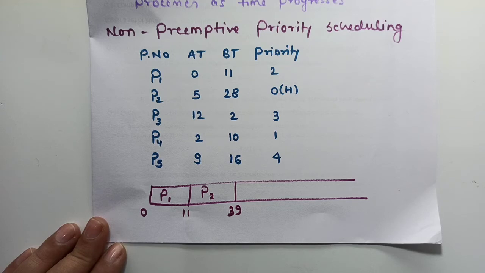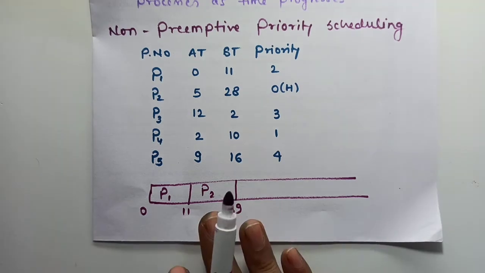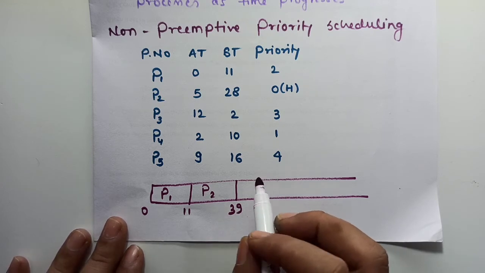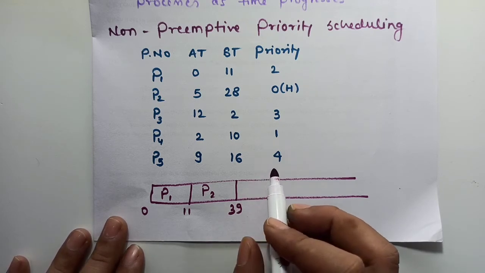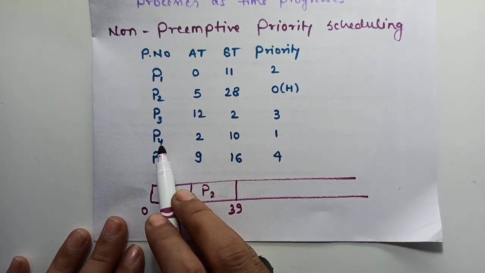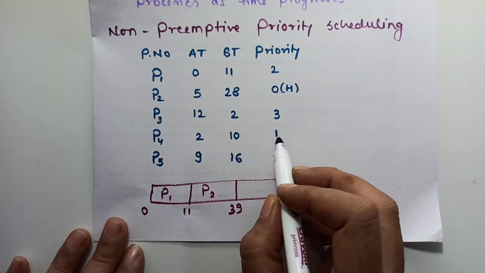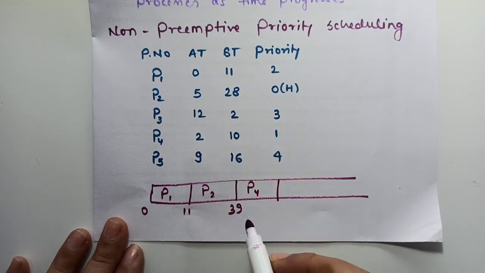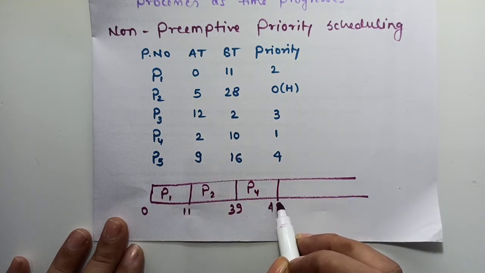Till time 39 we have all the processes in the queue, because process P3 has also arrived. Which process to schedule next? Process P4, because it has the next higher priority, and it requires 10 units, that means 49.